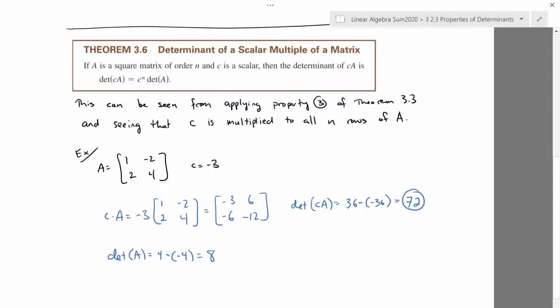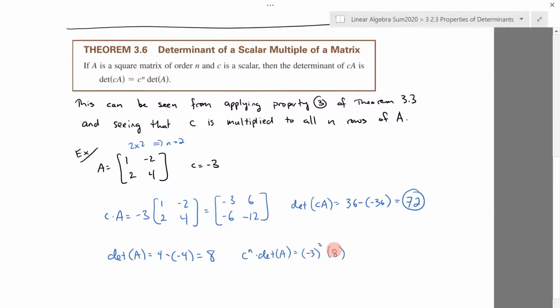And okay, so what was my constant C? That was negative 3. Right, so here this is 2 by 2, so n is 2. So c to the n times the determinant of A, in this case would be negative 3 squared times the determinant of A, which is 8.